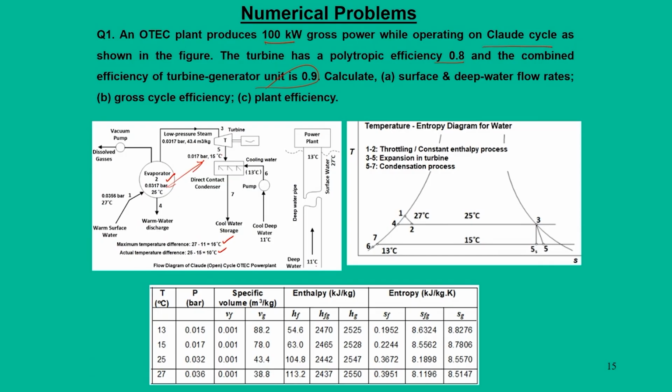When I say Claude cycle, we know that there is no change in the working fluid, that means the same ocean water is being used as the working fluid, there is no separate working fluid.